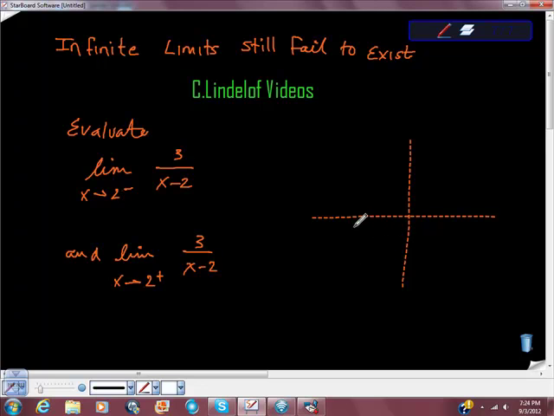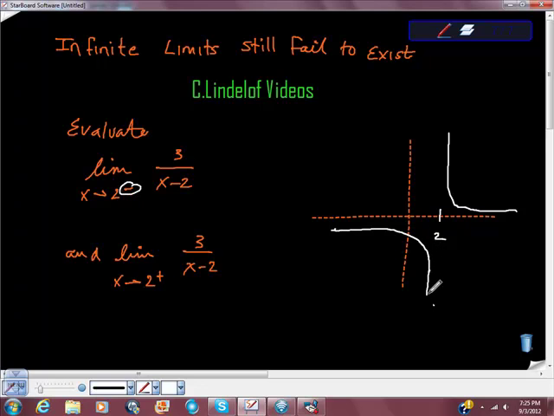It looks like this. As x approaches, let this be 2 right here, as x approaches 2 from the left-hand side, this thing goes like this, and then it dives down like this. And as it goes the other way, as it approaches 2, it dives this way. As x approaches 2 from the left-hand side, it gets pushed down.